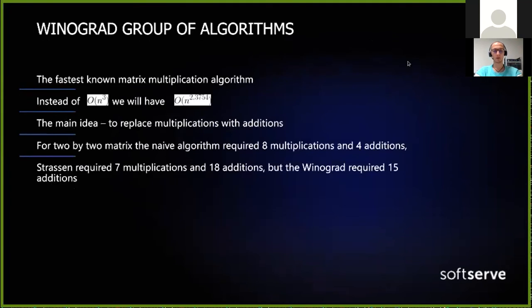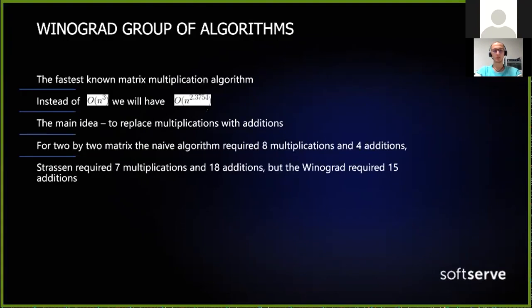And maybe the best approach for now is the Vinogradov group of algorithms. The very first iteration of this algorithm is called the Strassen algorithm, but Vinogradov is the person who accelerated matrix multiplication from n cubed to n to the power 2.3.